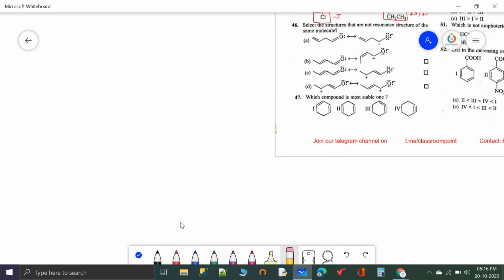Let us see the 47th question. Which compound is most stable, they said. Already we have given clear information about the stability of the alkenes. Conjugated alkene is more stable than the non-conjugated alkene.